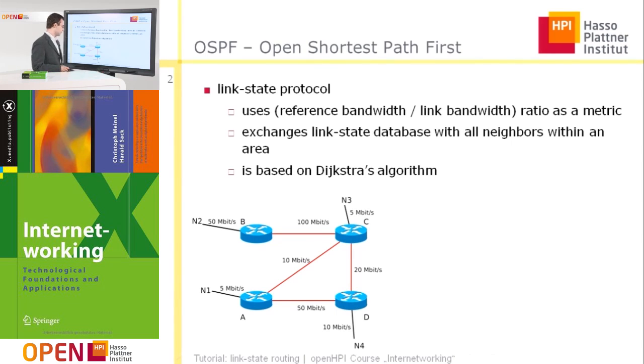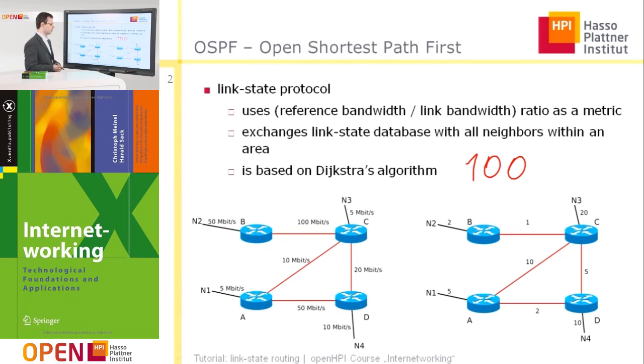So let's set the reference bandwidth to the maximum bandwidth we have in the network, namely 100 megabit per second, and calculate the metrics, the cost, for every link in the network.